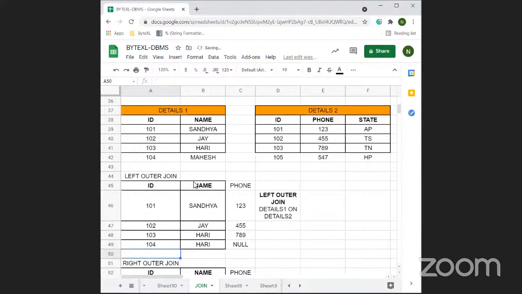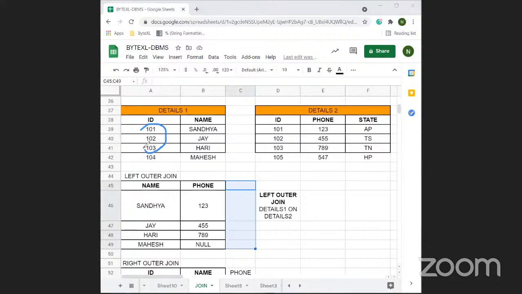So we have 104, something like Mahesh, the name from the table above. Yep, perfect. This is how the table will be taken.